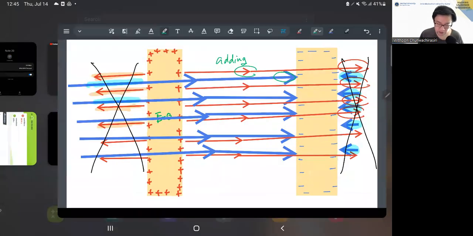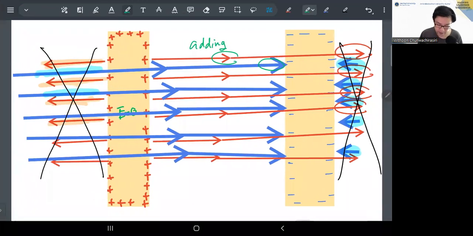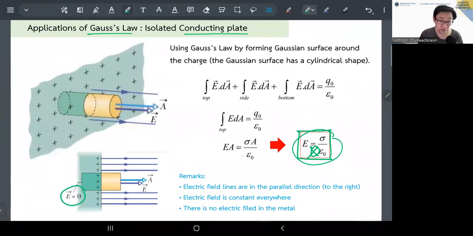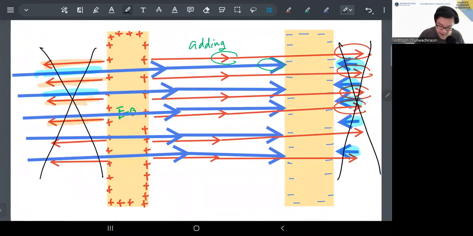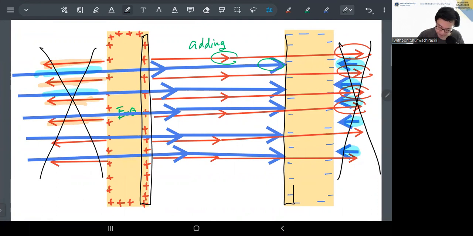That's the conclusion we're going to get: we can figure out the electric field in the space in between by thinking of it as a positive plate over here and a negative plate over here.